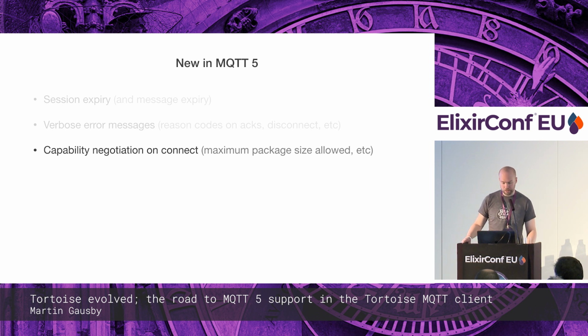And then we got some capability negotiation on connect. Now they can tell us that we're only allowed to send 32 kilobytes in a message. Previously, I think the maximum size is like 256 megabytes or something, which is pretty big for an MQTT message.